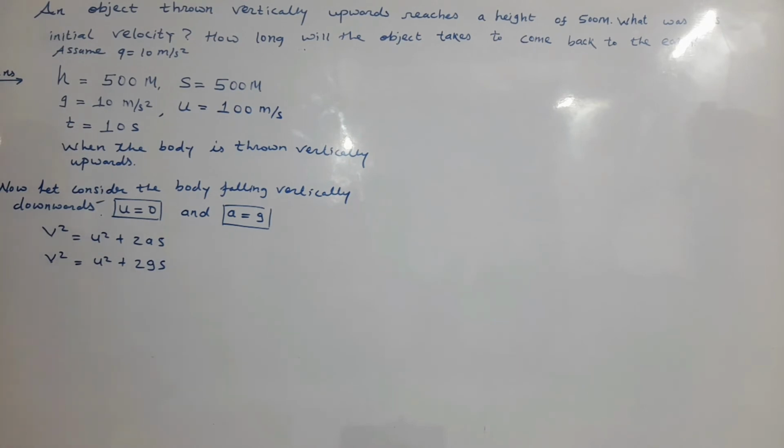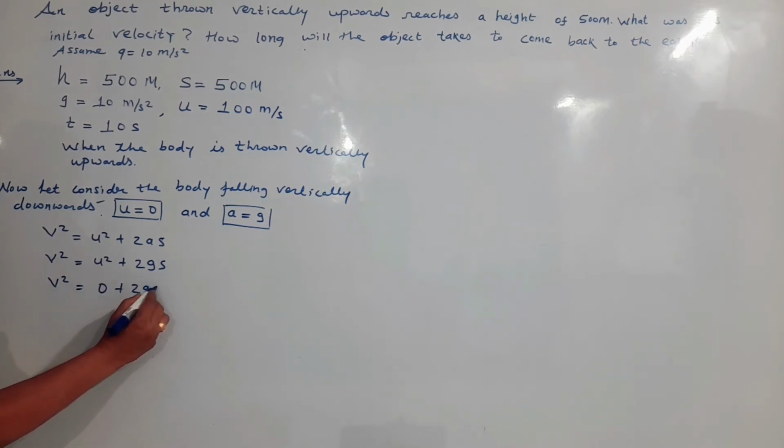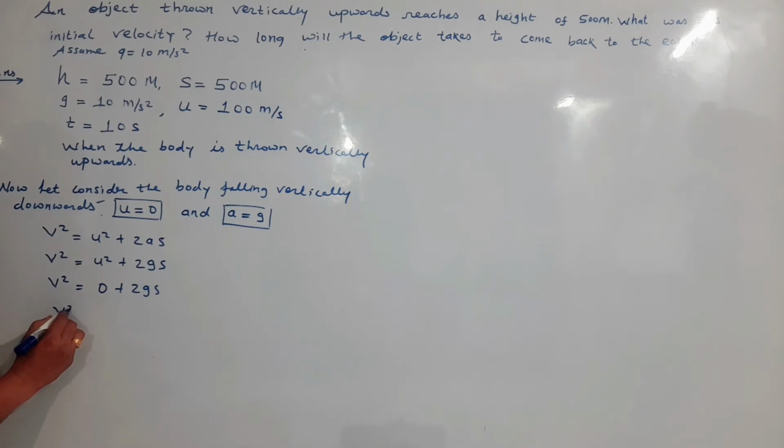Now we will put the values. v square is equal to 0 plus twice gs. v square is equal to twice gs.